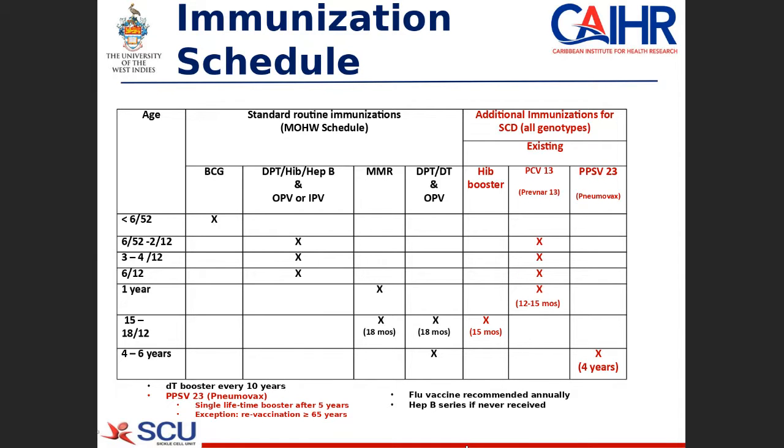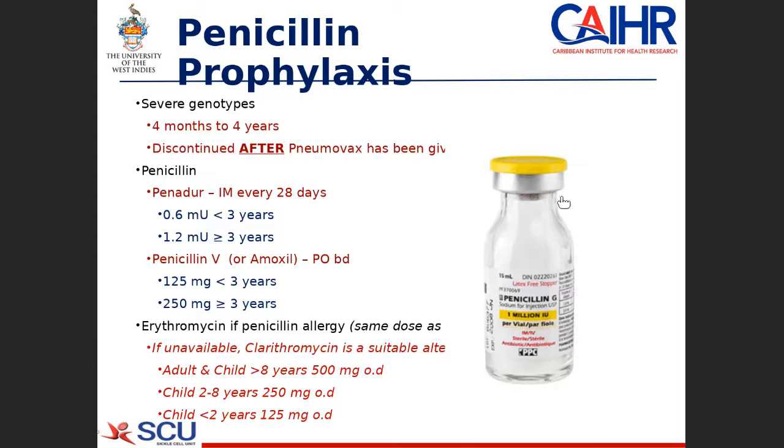Okay? Now, in addition to vaccinations, which are mandatory for all children with sickle cell disease, penicillin prophylaxis is recommended for severe genotypes. So your SS, your sickle beta naught thalassemia, these children from age 4 months to age 4 years will get penicillin prophylaxis, and we stop it at the age of 4 after they get their Pneumovax.